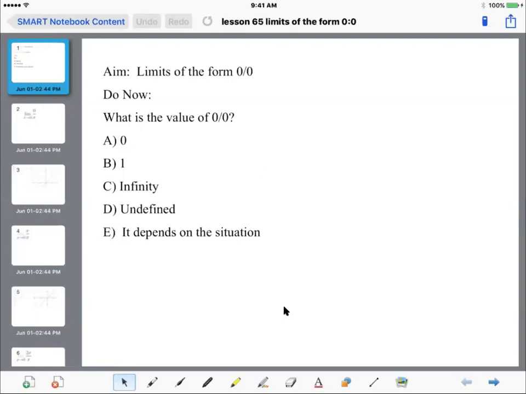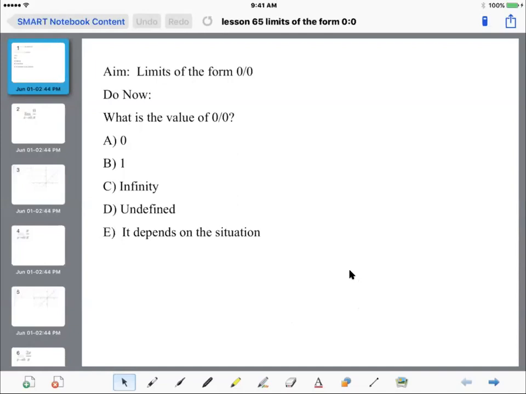Well, we're going to see throughout this lesson that the most accurate answer is going to be E, it depends, because depending on the situation, I could get different answers.